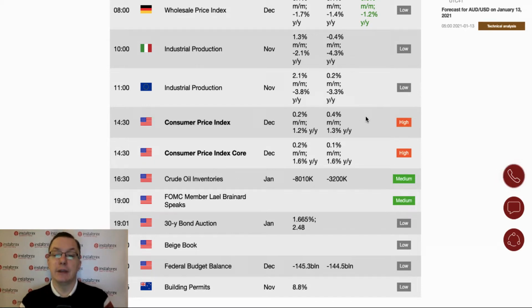But if there will be an even bigger than expected acceleration in the consumer price index, then of course the Fed will have a first clue to take a look at this situation a little bit closer and maybe adjust the monetary policy, or just think about adjusting the monetary policy. Of course, one reading is not enough for the Fed to change its mind, but it will be something to keep an eye on. So please keep an eye on the consumer price index as well, because the Fed will be definitely keeping an eye on this.